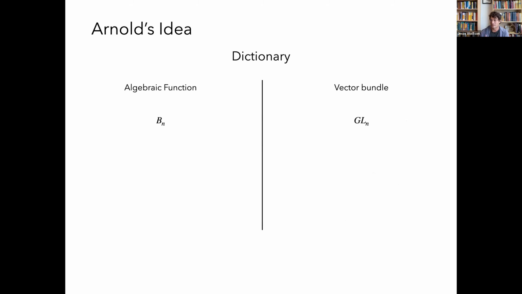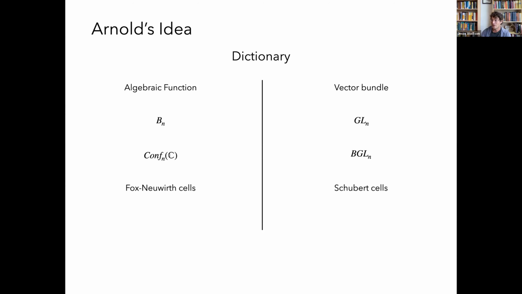The first thing you'd note is that the structure group for a vector bundle, GLN, corresponds to the braid group in Arnold's telling as a structure group for an algebraic function. And you could say, okay, but that structure group better correspond to a classifying space. And Arnold posits the configuration space of unordered points in the plane as the analog for algebraic functions of the infinite Grassmannian BGLN.